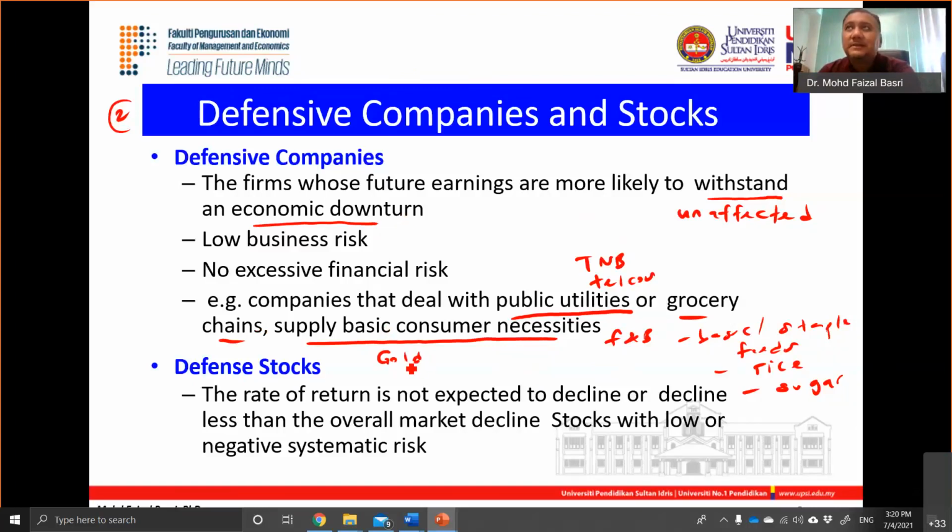Gold is another investment type which is considered defensive, because when the economy is going down, the performance of gold usually will improve. Okay, that's the type of defensive product that can relate with the defensive companies.